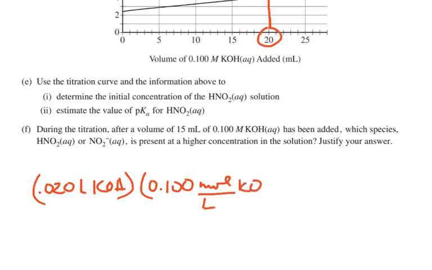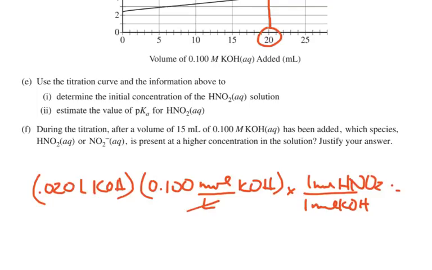Of our KOH. And we know that for every 1 mole of KOH, we needed to have 1 mole of our HNO2. So we're done here.